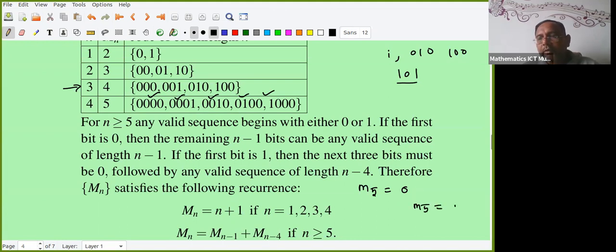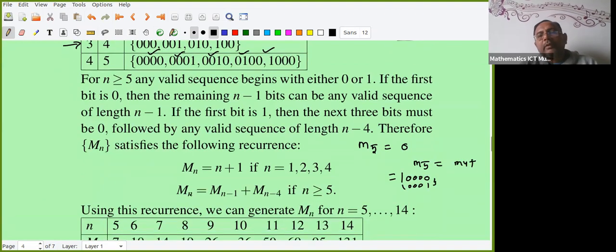So M5 is equal to M4 plus. Now the first one is 1, then the next 3 are fixed, right? So it can be 0 also. This is also allowed. That is exactly, there are 2 for here. So that is what I'm saying. Mn is equal to Mn minus 1 plus Mn minus 4.